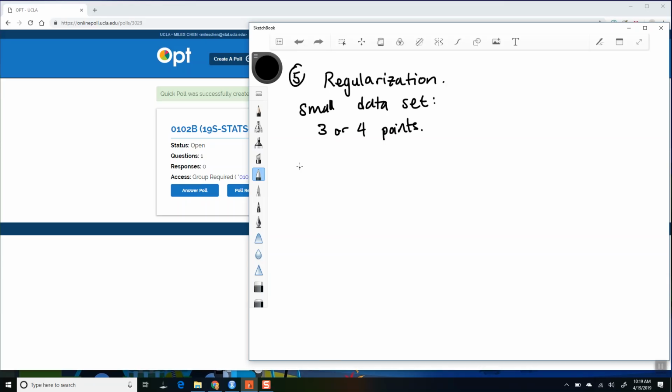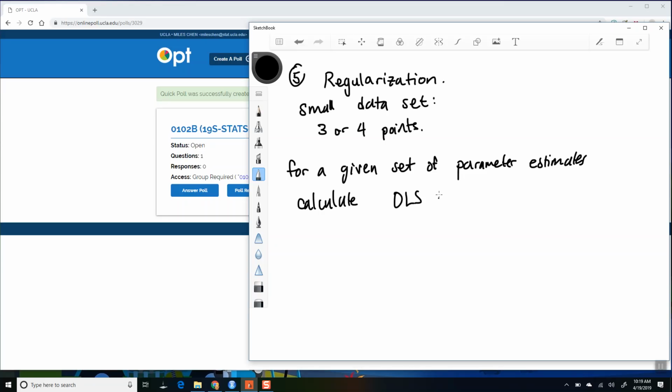So for a given set of parameter estimates, calculate OLS loss, lasso loss, and ridge loss. Okay, so it'd just be a comparison of these things for maybe a given set of parameter estimates.